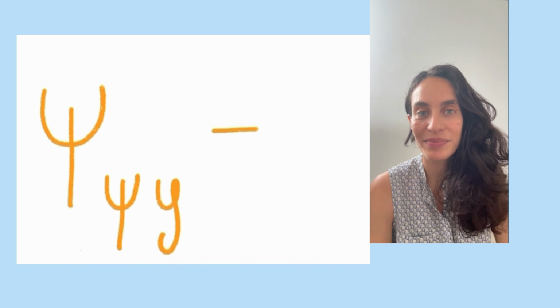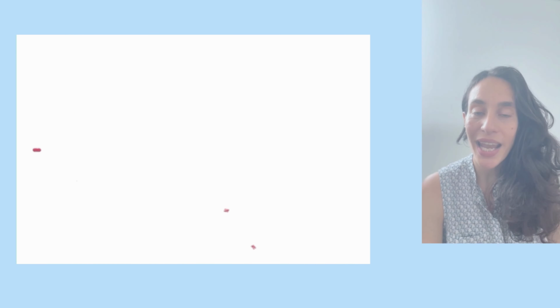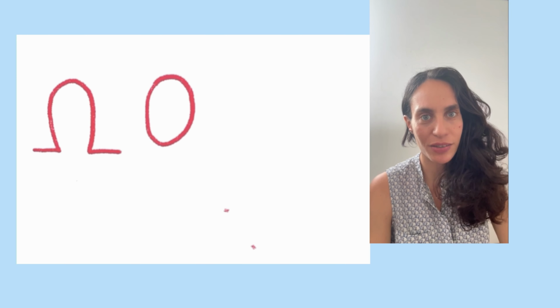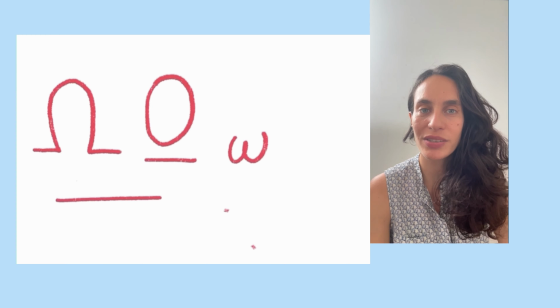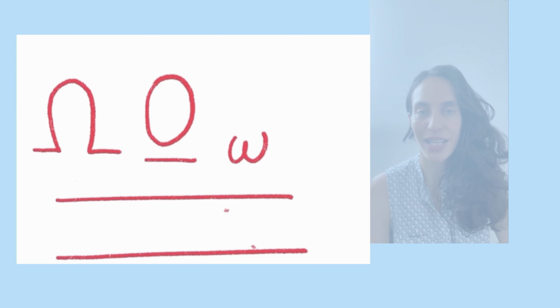Lowercase, again, you might see it like this or like that. And omega. Now, the first omega, as you may notice, is really hard to write. And this is why we prefer to do the round with a line underneath it.